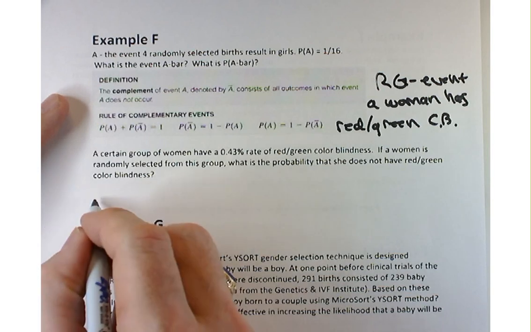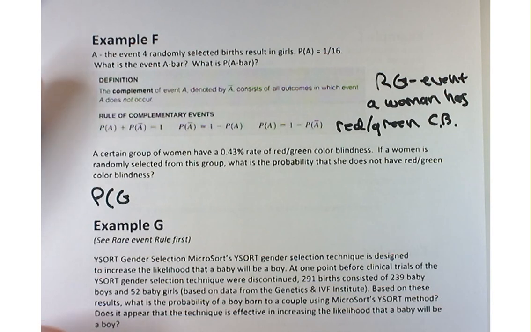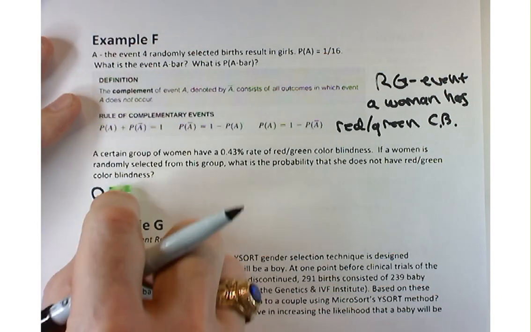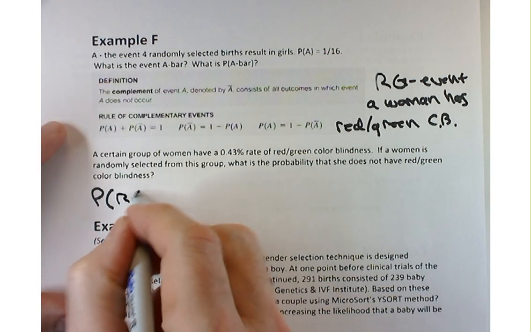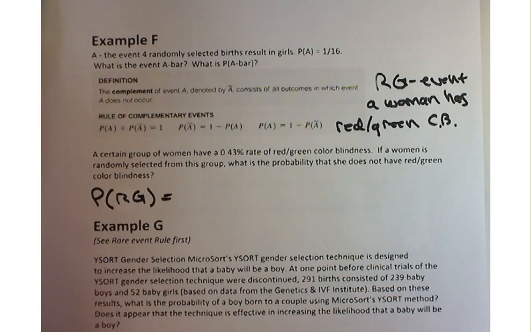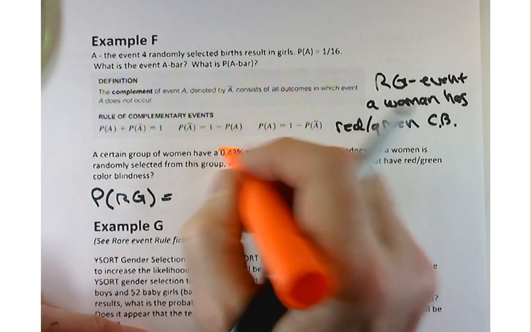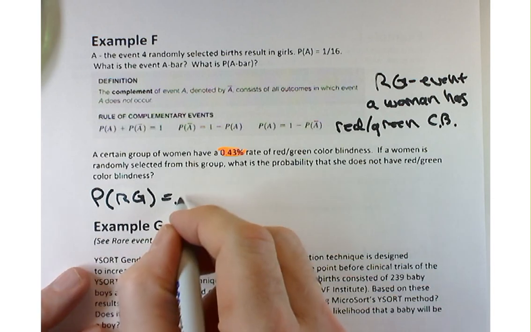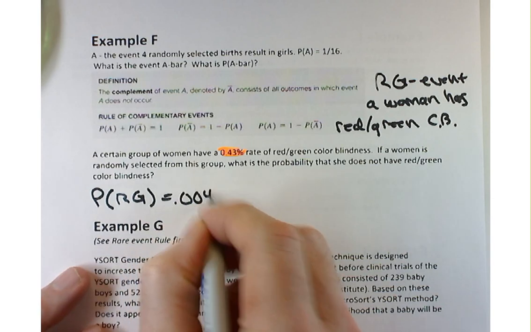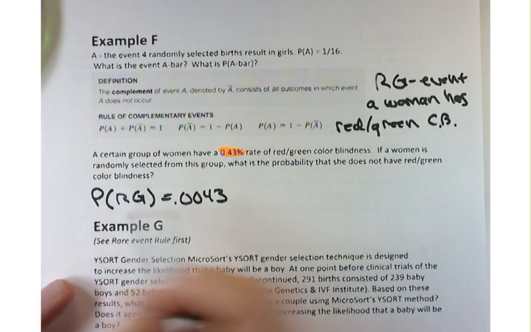And I can make this observation. They tell me what the probability of RG is. What's that probability? Probability of red-green. Well, it's this right here, 0.43%. Now, if I turn that into a decimal, it's 0.0043. You're going to move that decimal point 2 places to the left when you convert that to a decimal.